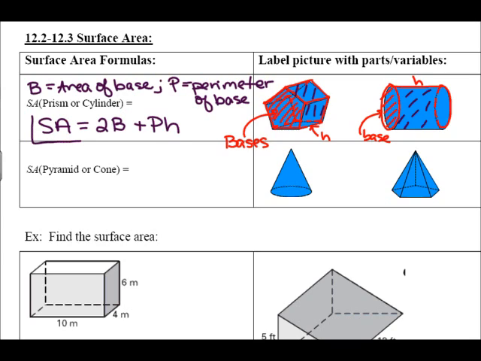Okay, so now no matter what type of prism or cylinder, that's going to be your surface area formula that you'll use for all of them. Okay, so let's look at some examples.